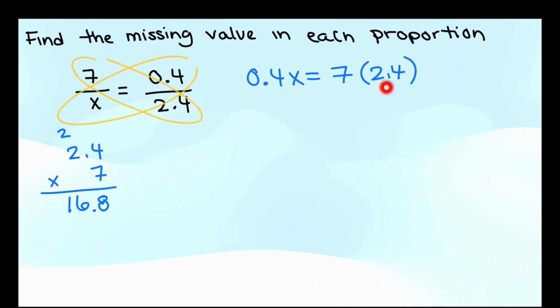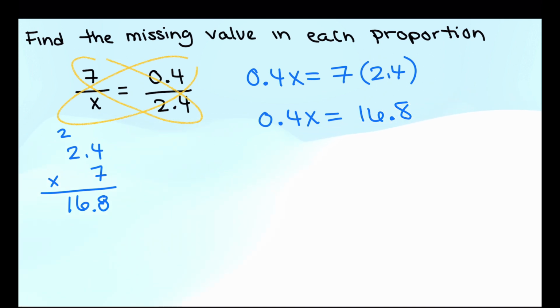Then I'm going to multiply 2.4 times 7. 7 times 4 is 28, carry the 2. 7 times 2 is 14, plus 2 is 16. And then the product has one digit after the decimal, so the answer can have only one digit after the decimal. So that becomes 16.8. So 0.4x equals 16.8.